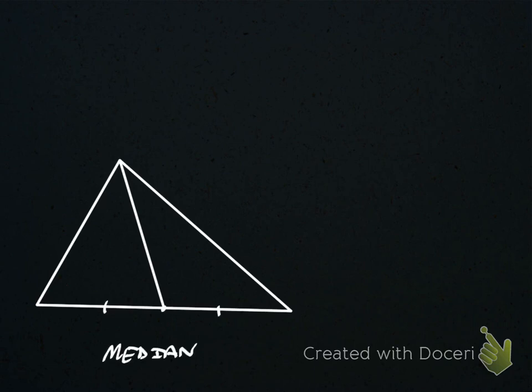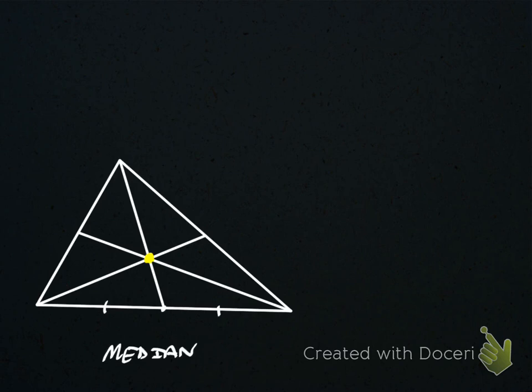And like we've seen with our other two examples, this has a special property as well. If I draw from the vertex to the midpoint, and the vertex to the midpoint, so I draw three medians, you can see they all meet at one spot.